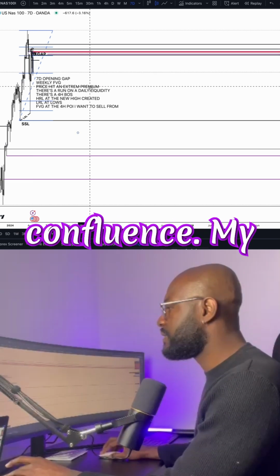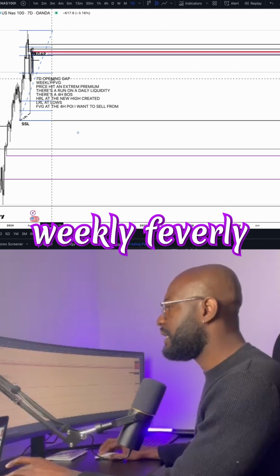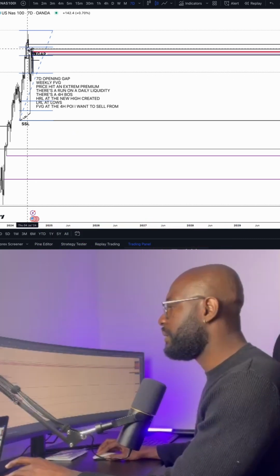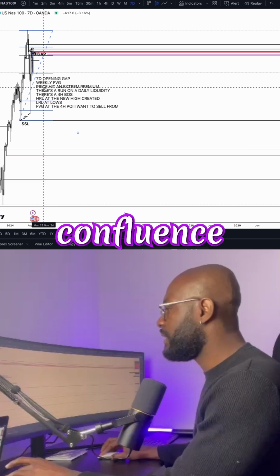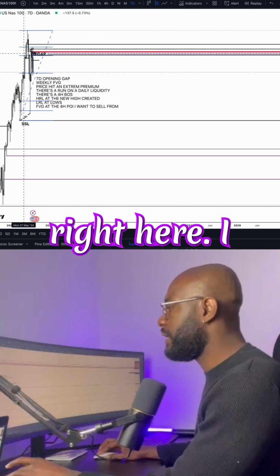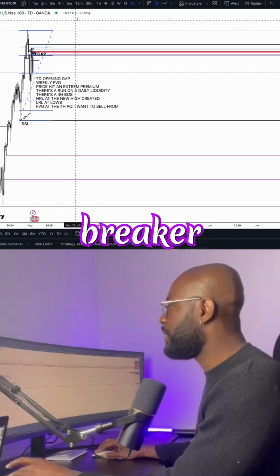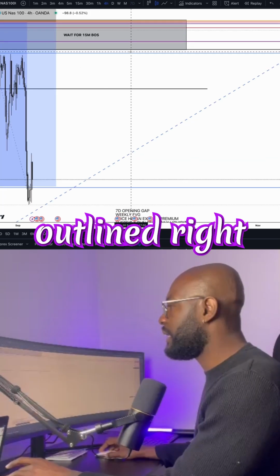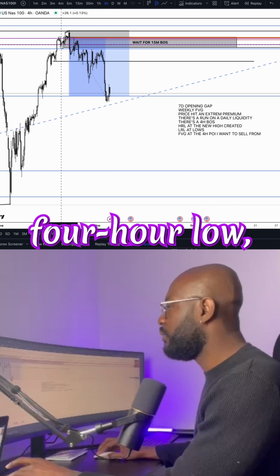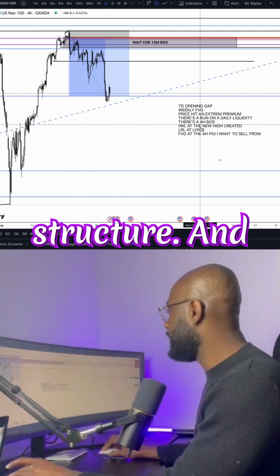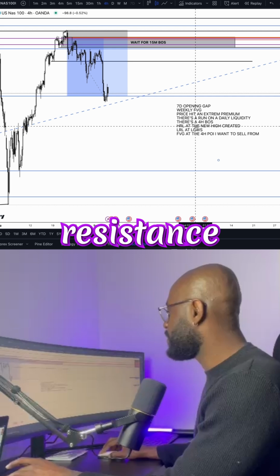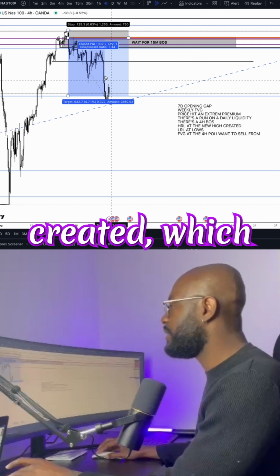That's my first confluence. My second confluence, weekly fair value gap. Then the third confluence, price is in extreme premium right here. Fourth confluence, there was a 4-hour break of structure, which I also outlined right here, 4-hour low, 4-hour high break of structure. And then another one is the high resistance liquidity at the new high created, which is right here.